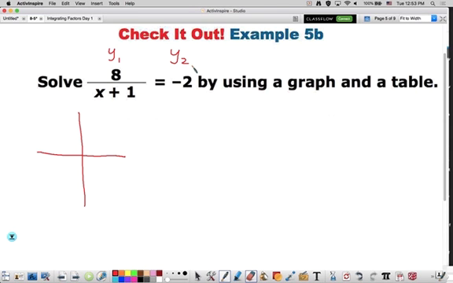So every one of us needs more practice with these calculators. They're very powerful and also very confusing if you haven't used them that often. So let's start with step 1.